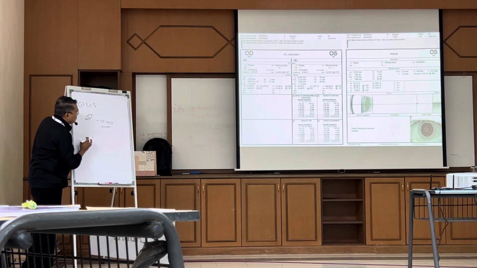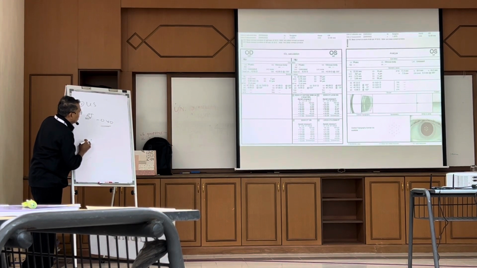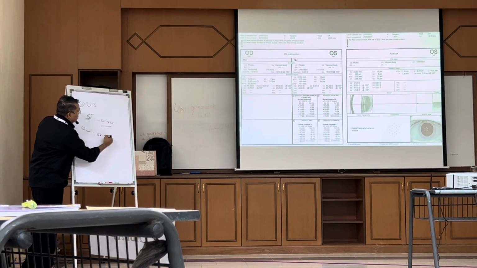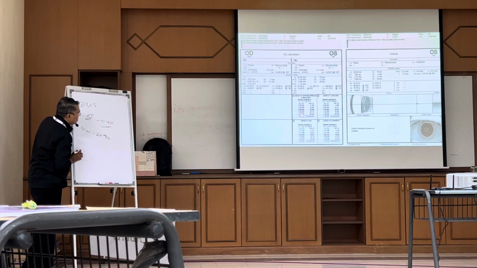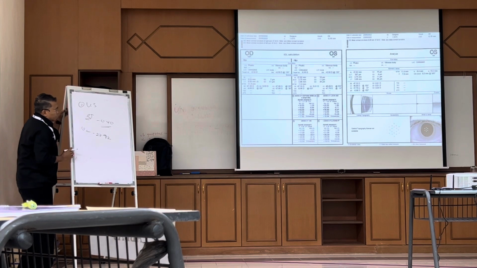This is the 2022 IOL Master, and you see there's a fovea here. If we use this, we put in 18, no, 19? 19. So it would be -0.84.